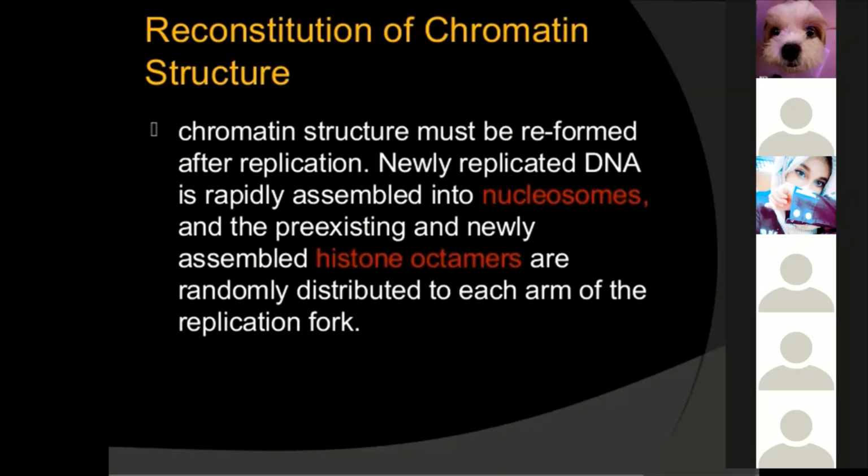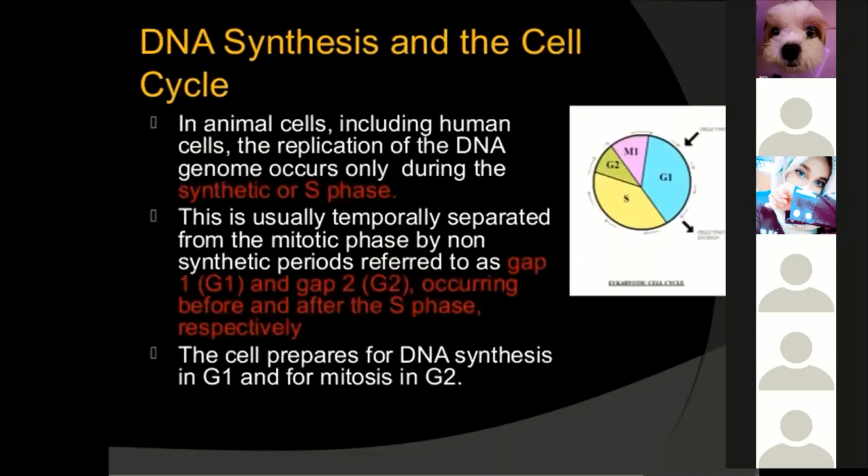So again there will be reconstitution of chromatin structure. They get assembled into nucleosomes, and the pre-existing and newly assembled histone octamers are randomly distributed to each arm of the replication fork, and then it goes for supercoiling again.